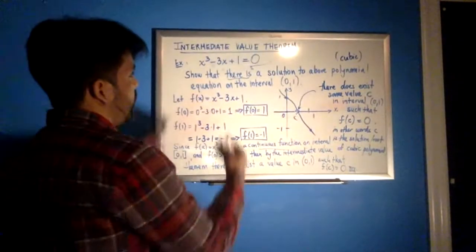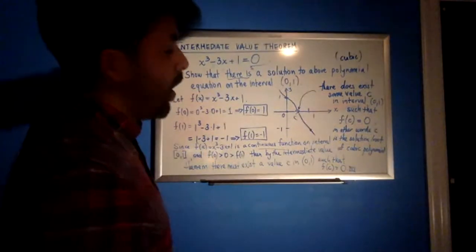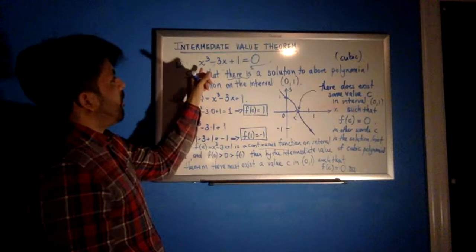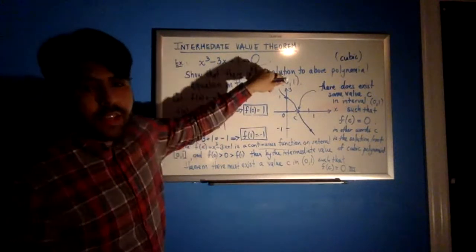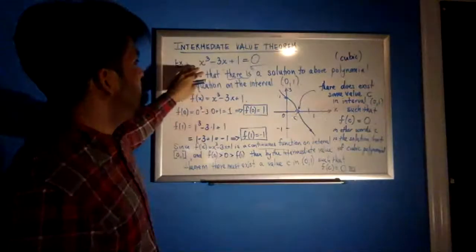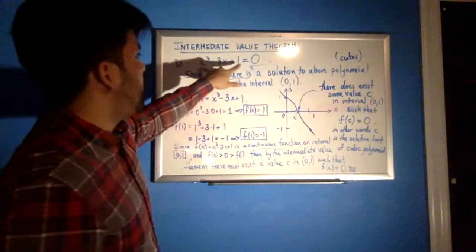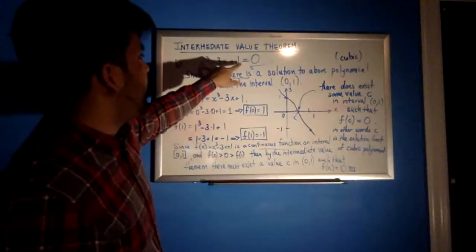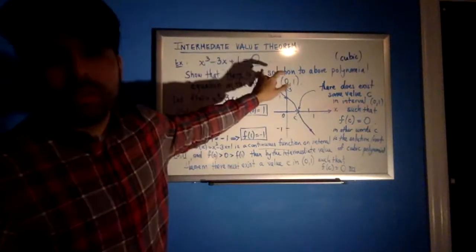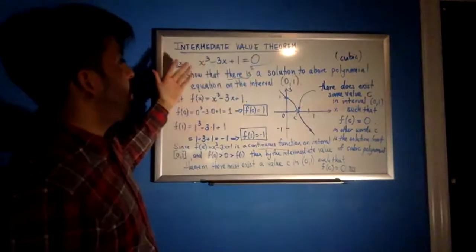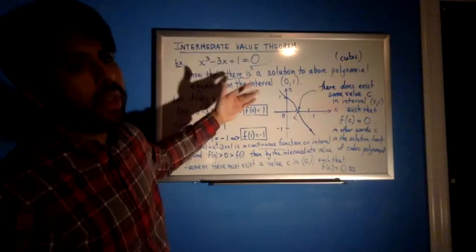Great. So that's one, and there are other problems. This is quite a simple problem, because there might be other equations where you have an equation that's not equal to 0, and I may ask you how to apply the intermediate value theorem to show that there is a solution.